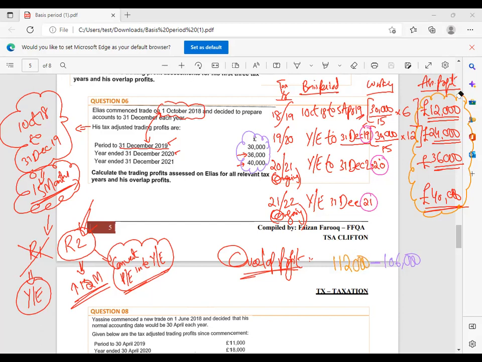This circle is not needed in the paper; I made it only for your understanding. Now, can you take the difference and let me know what the overlap profit is? 6,000. You are absolutely correct. So that's it. You can say Rule number 2 of basis period. Any questions? Please ask me.